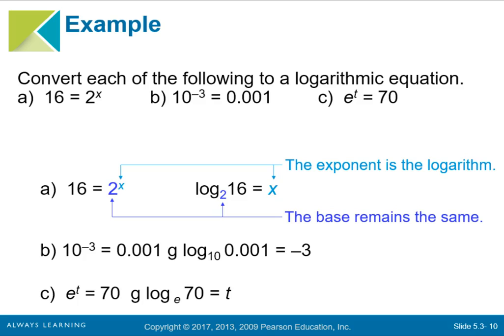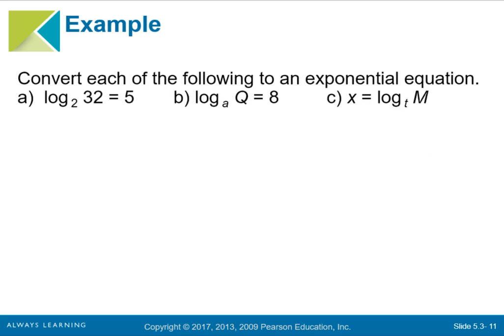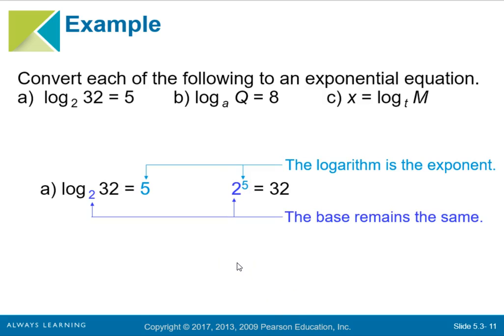All right, let's go on to our next page. Now we're going to go from logarithmic back to exponential. In our first case, we have log base 2 of 32 equals 5, and we have the base 2 as our exponent base, and we raise it to the 5th power, and we get 32 as a result.